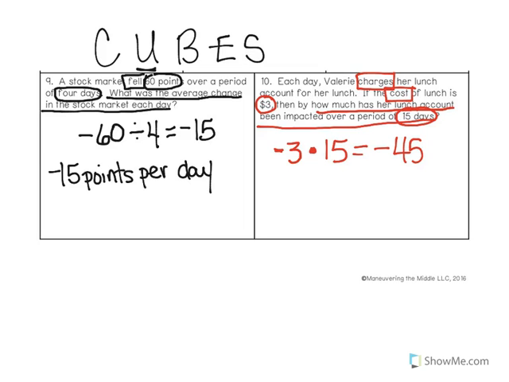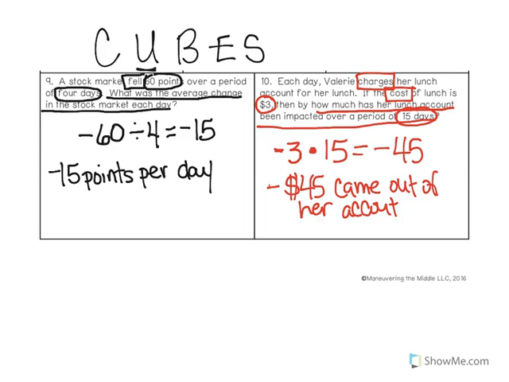So if I was going to restate this, I would say negative 45, well, I need to write a dollar sign. So let's do negative $45 came out of her account.